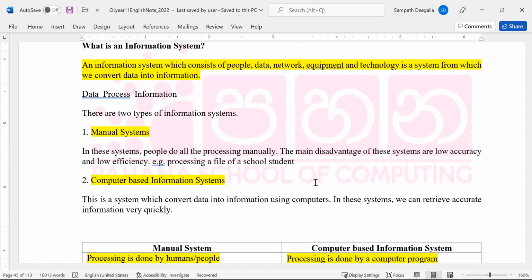Now, there are a lot of issues in doing this manually: accuracy will be low, efficiency will be low, which means it will take a lot of time, right? But if you can have computer-based information systems, and this is the recent trend, we can retrieve whatever information very quickly.